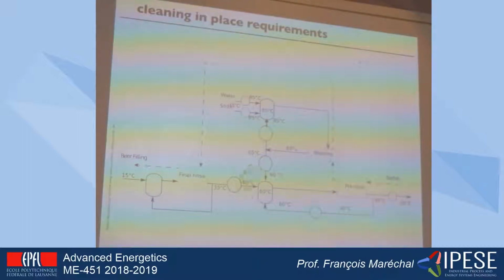And then I have an isothermal mixing here, and I'm recovering the heat that goes to the environment. By doing this, I think that I have made the correct definition of the hot and cold streams in this cleaning system.